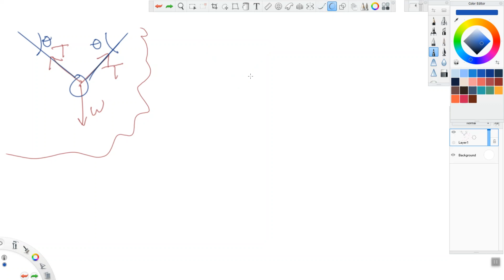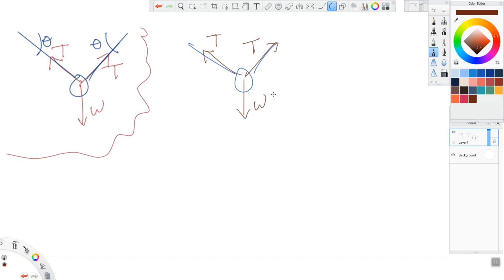I've got tensions off at some angles. Let's use brown again so we stay consistent. So we've got weight going downwards, tension going up, and tension going up.